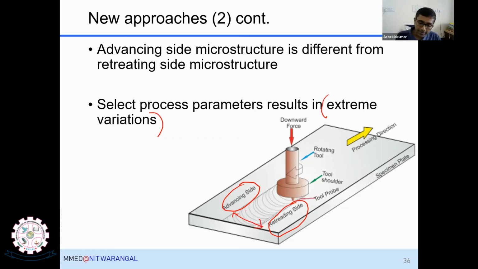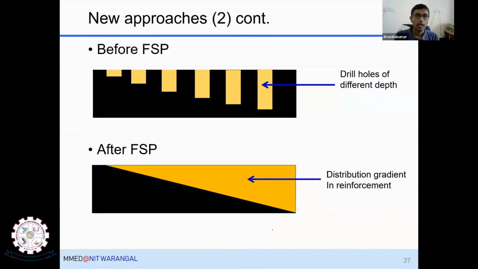So the advancing side will have a different microstructure, the retreating side will have a different microstructure, and thereby you will be able to produce a functionally graded material. So in a single process, with a single run, you will be able to generate a very nice graded material.